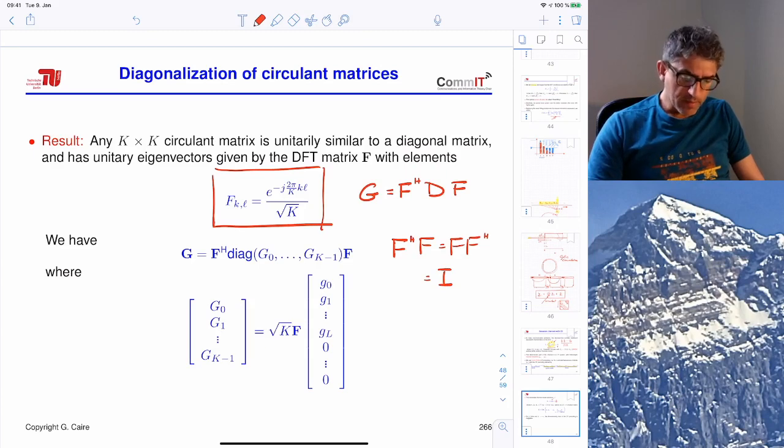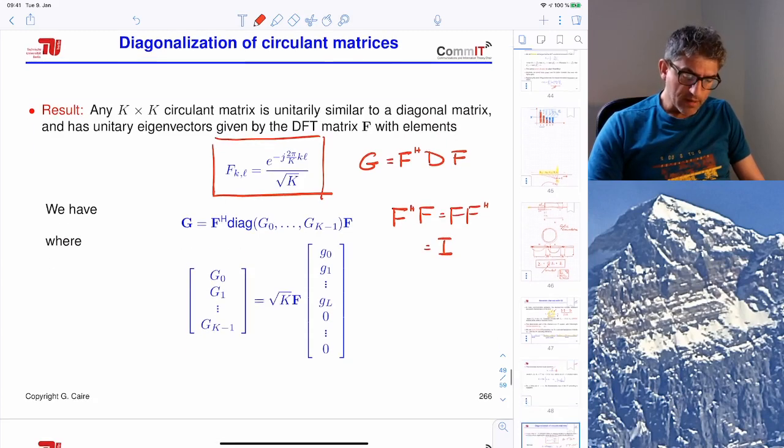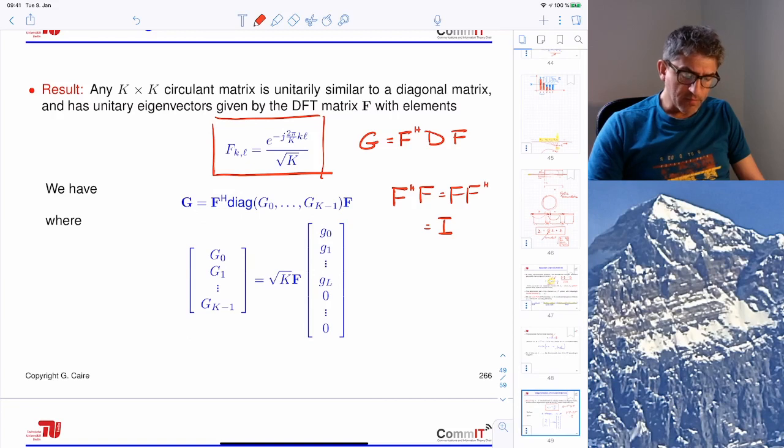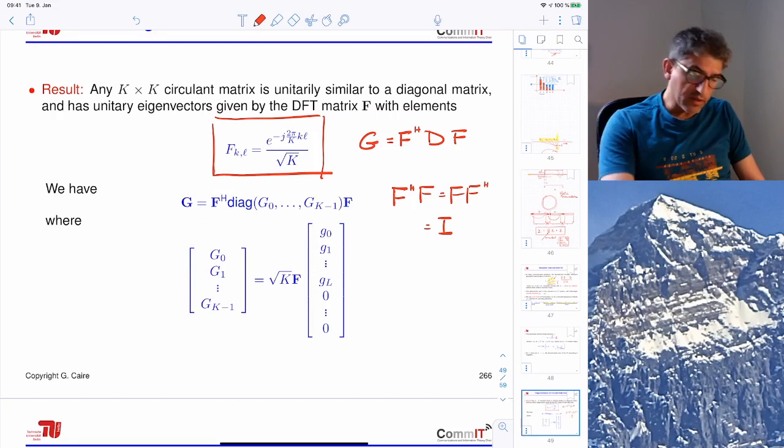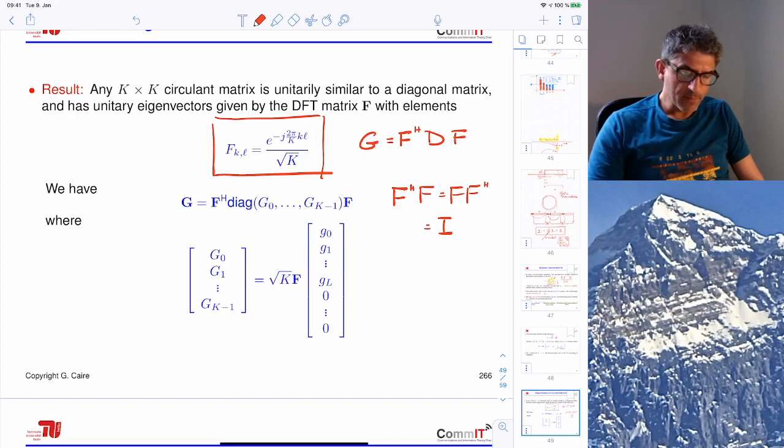And this precisely defines an FFT. Multiplying by F is equivalent to computing an FFT or a DFT. Well, you use the FFT algorithm to do it fast, okay?